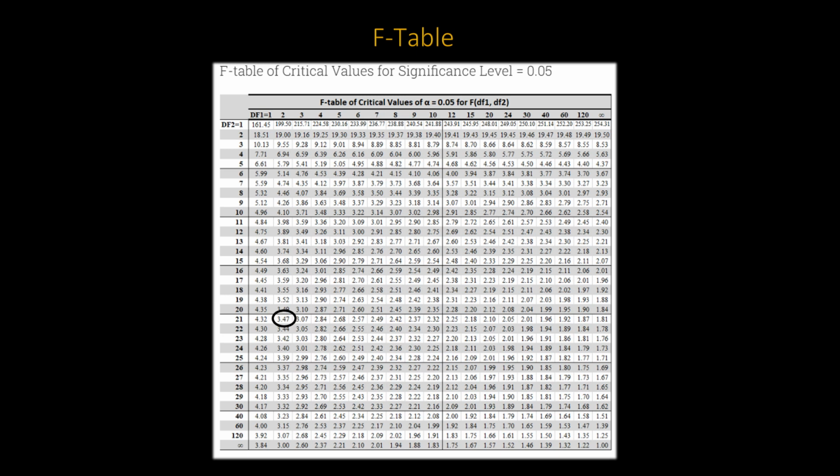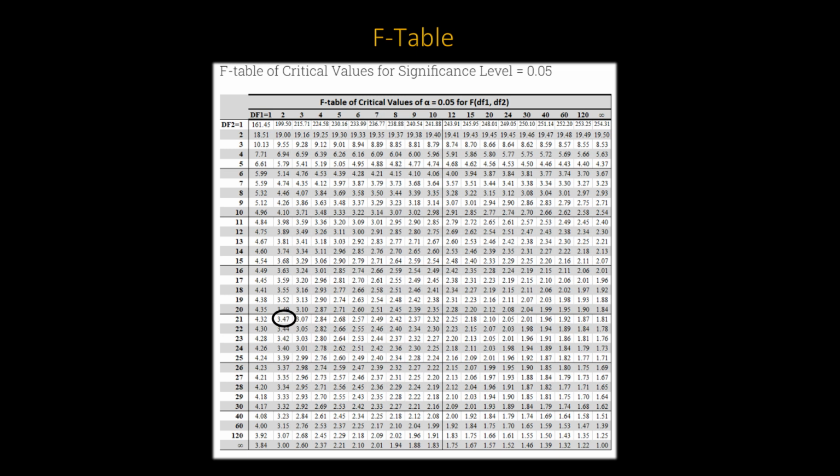This is a look at the F table. You can find a free set on the net, and they are also printed in the back of most engineering and statistical textbooks. The top row is defined as DF1, and the vertical column on the left is DF2. Notice the circled value in the example. It is 3.47.